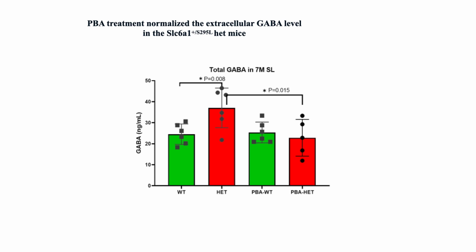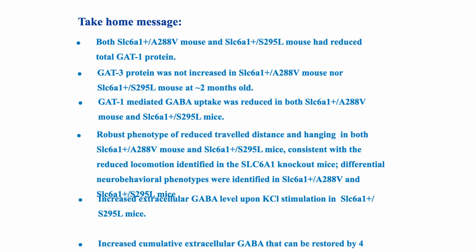That means we can use it, and it probably can modify the disease process, because of this data. So the take-home message from my talk today is, first, we demonstrate in both mouse models that GAT1 is reduced globally in the brain regions we have sampled. We found GAT3 is not increased in either mouse model, at least at 2 months old. GABA uptake through GAT1 was reduced in both mouse models in the forebrain synaptosome.